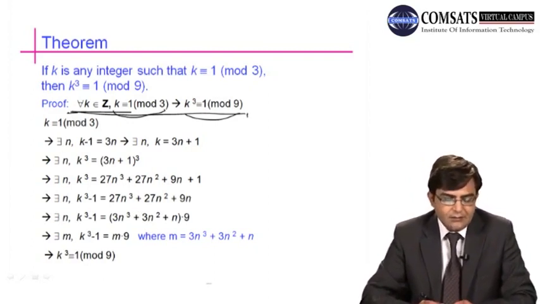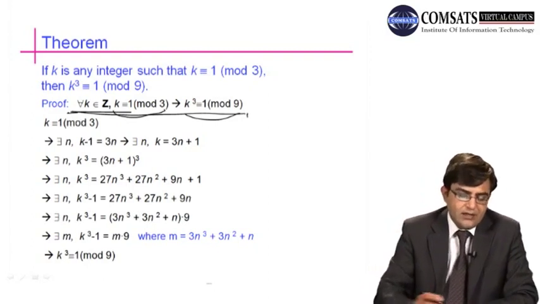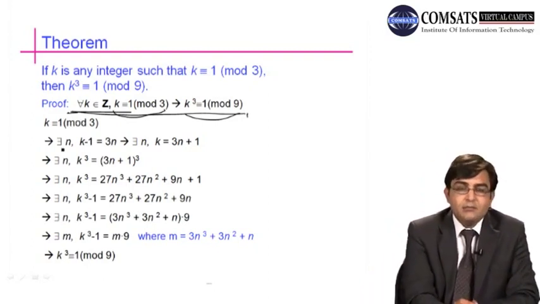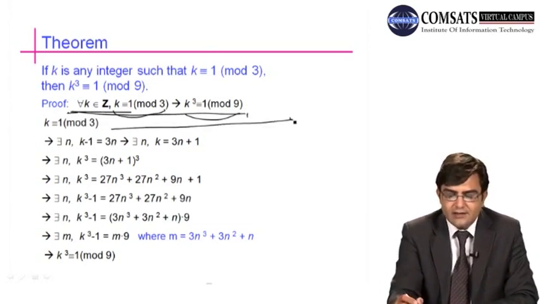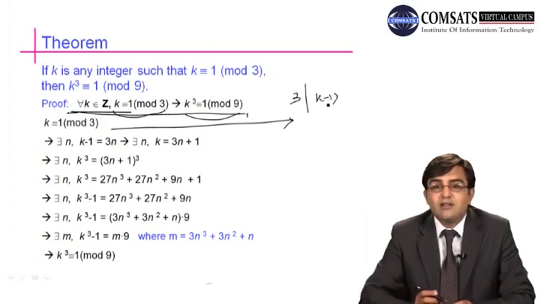What does it mean? By the definition of mod congruence, there exists some integer n such that k minus 1 is equal to 3n. By the definition, 3 divides 1 minus k or k minus 1, as we know that mod congruence is symmetric.